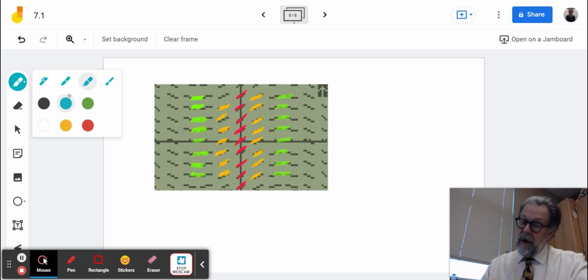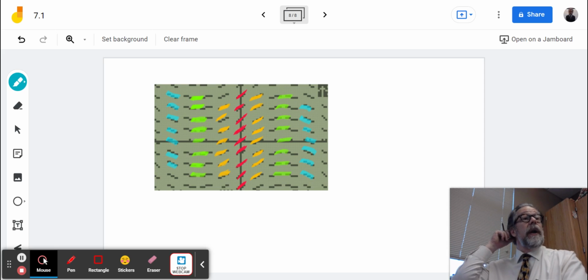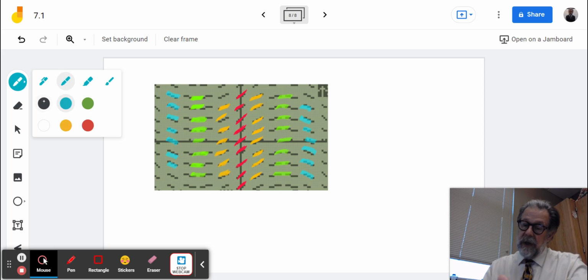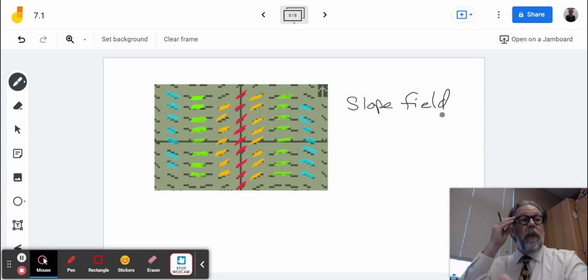Then we had our negative half slopes over here and over here. So we know that this is a graph of sine. And what we can see, if we look at this, what we call a slope field, is that we've got some possible solutions.